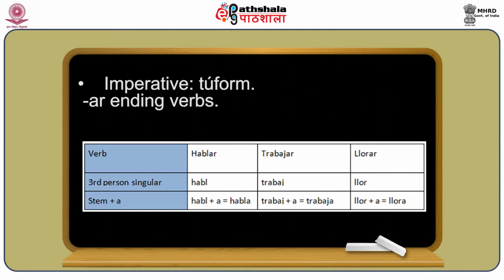Or we can also form the third person singular by removing AR and just adding A to the remaining letters. So hablar, we remove AR and add A, becomes habla. Same way, trabajar, we remove AR and add A, that is trabaja, and llorar, we do the same thing and it becomes llora. And all these AR ending verbs in the third person singular are the same.